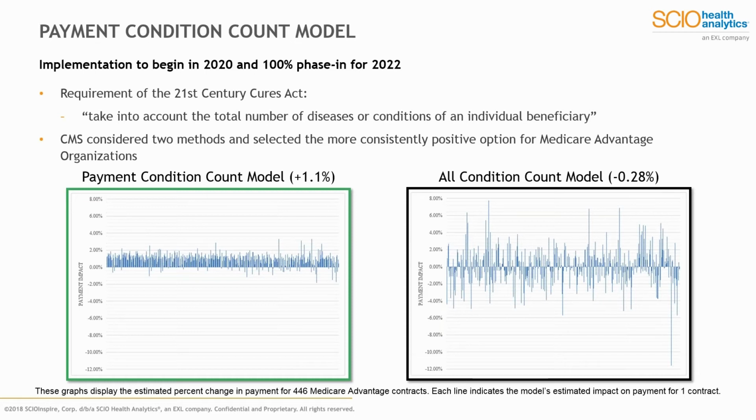CMS feels the payment condition model is more industry friendly than the status quo and a better cost predictor than the all condition count model. So we look at this as a more global disease interaction measurement. You count how many conditions within the model you have and make payment adjustments accordingly.